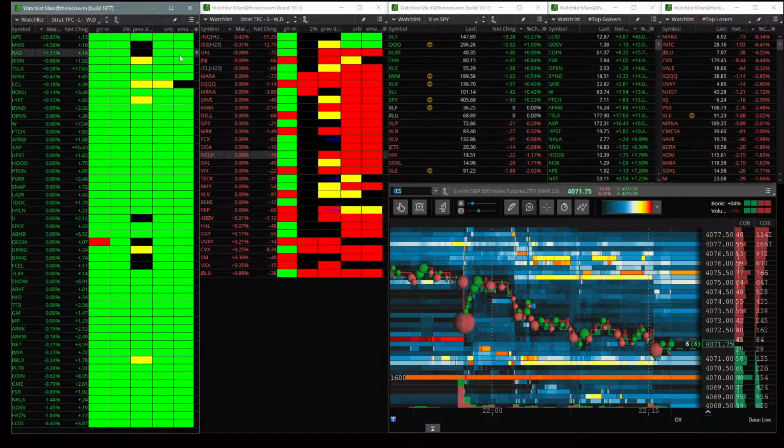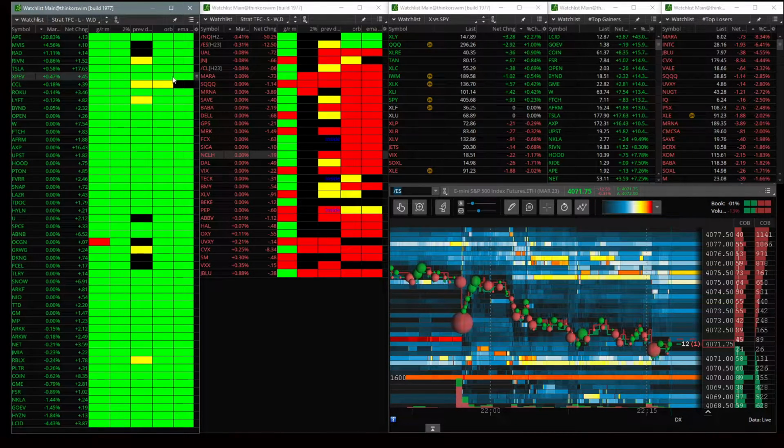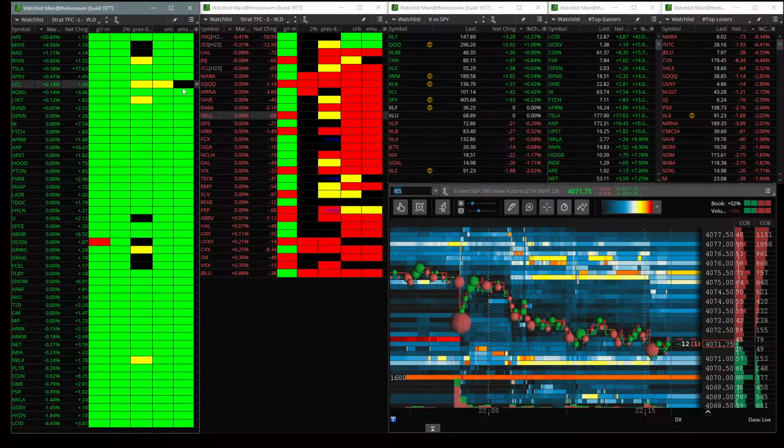So if the opening range has been breached and it's moving up, the next step we would look for is the EMA to then cross over the opening range high, in this case because we're looking at the bulls. And if the 9 EMA has crossed over the opening range high, then this will turn green. Same thing, black if it's not, and yellow if it's getting close. Okay.